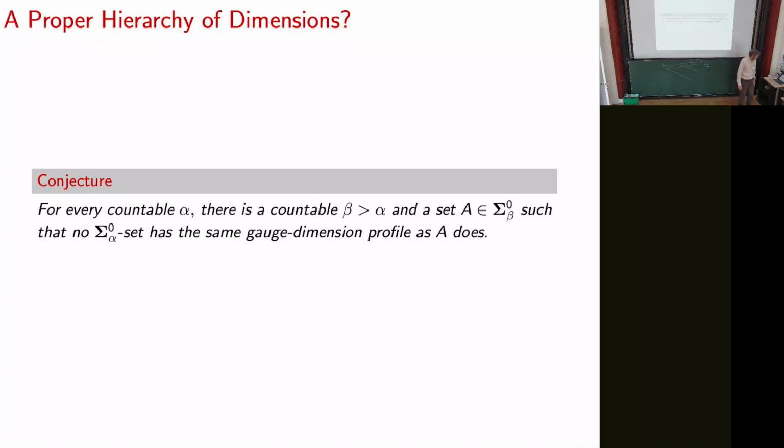So that's the conjecture. And we know that the conjecture is true for 1 and 2. Otherwise, it's open. So it's an intriguing possibility to shed light on this part of the hierarchy of definability from the point of view of geometric measure theory.